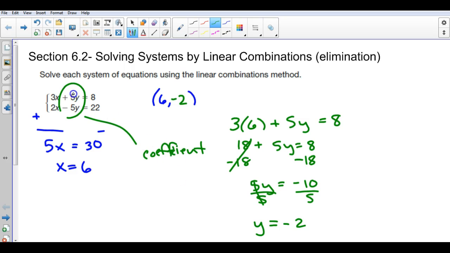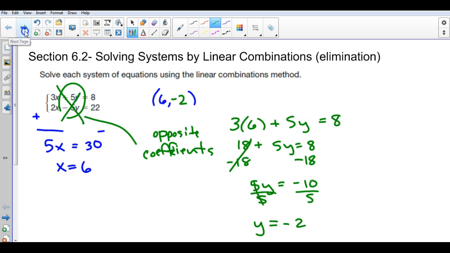Whatever, that's just awful spelling. So the coefficient is the number in front of the variable, and notice that I have a positive 5 as a coefficient on one, and then I have a negative 5. So what you are looking for is opposite coefficients for a variable. You want one positive and one negative. You want it to be the same number so that these will cross out, they'll eliminate. When you add a number and its opposite, you get 0, which means it's gone.